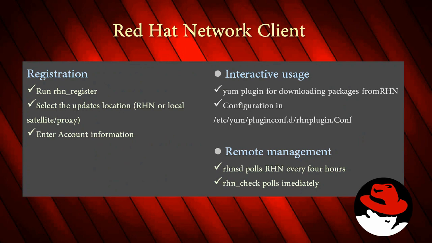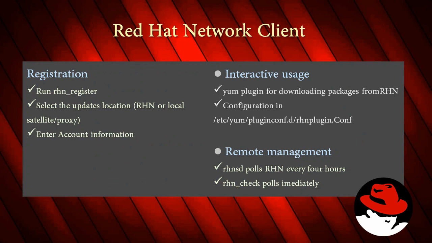Then there is another thing, the Red Hat Network client, where registration, interactive usage, and remote management can be done using various utilities. You can select the update location, that is RHN, or local, satellite or proxy, by running the command rhn_register.